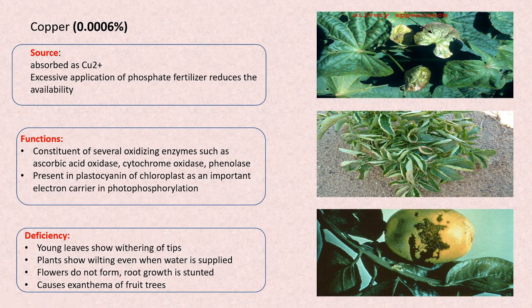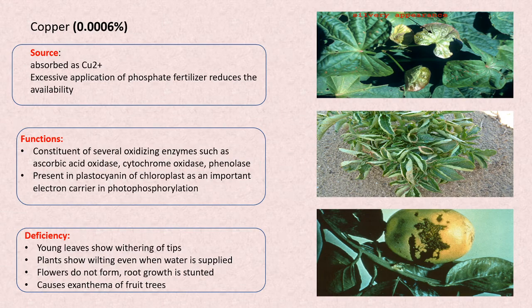So these are the deficiency symptoms. Copper is observed in the form of Cu2+ ions. Excessive application of phosphate fertilizer reduces its availability, and its functions are as a constituent of several oxidizing enzymes such as ascorbic acid oxidase, cytochrome oxidase, and phenolase, and it is present in plastocyanin. Plastocyanin is a copper-bearing electron carrier present in chloroplast as an important electron carrier in photophosphorylation.